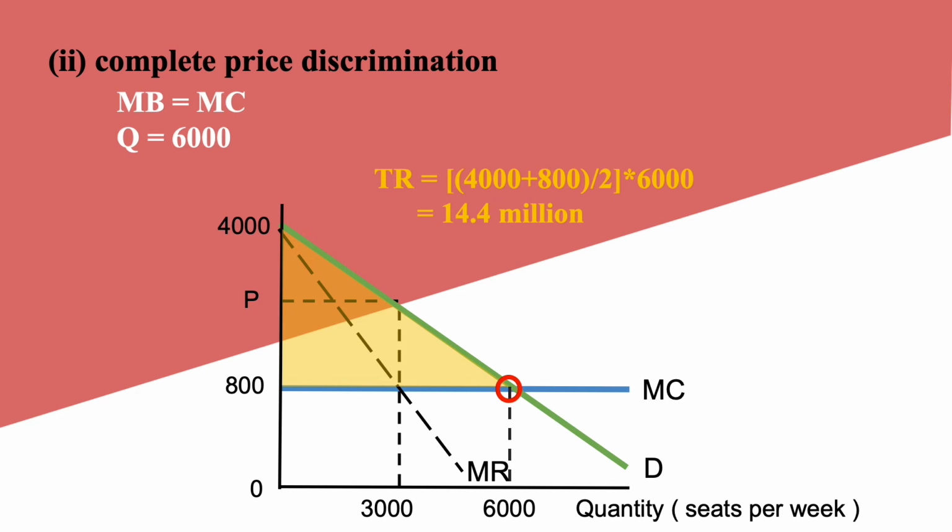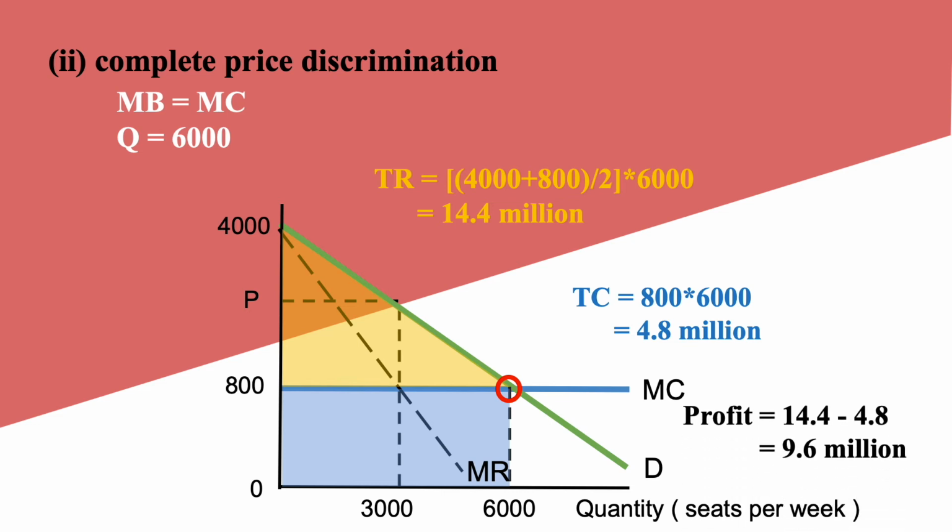And we can know that the total revenue is 14.4 million. And then the total cost is this area, which is equal to 4.8 million. And by total revenue and total cost, we can calculate the profit, which is equal to 9.6 million.